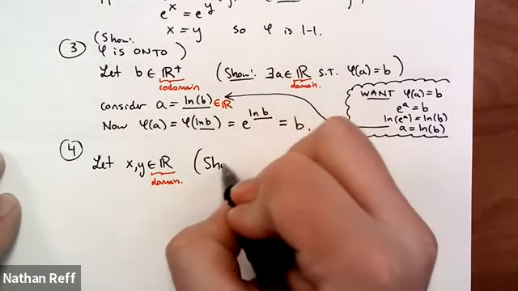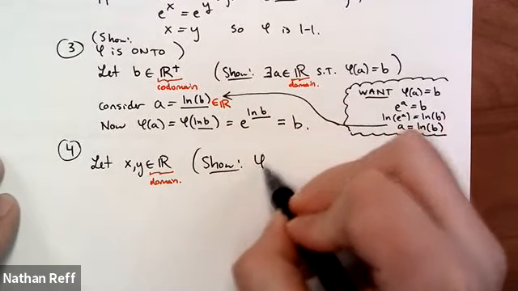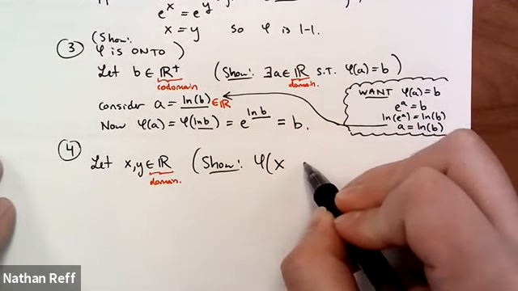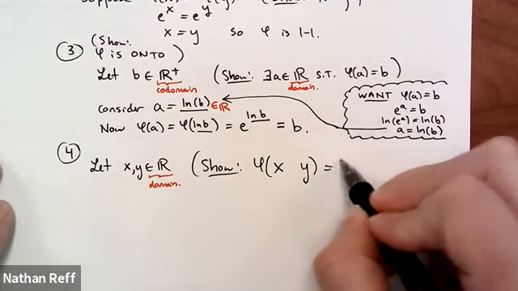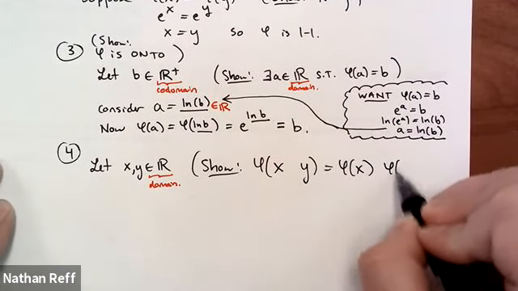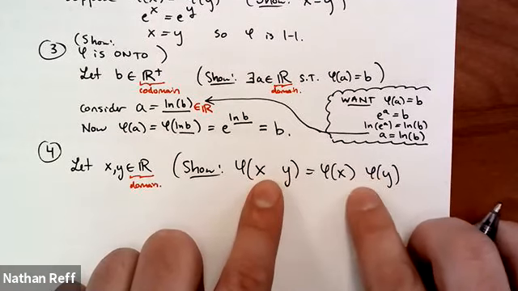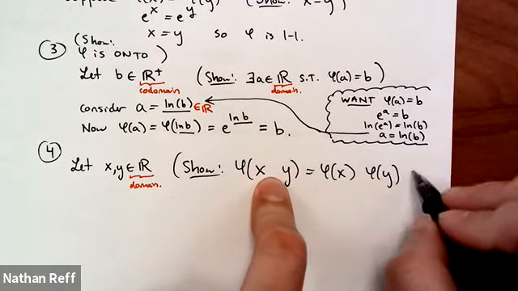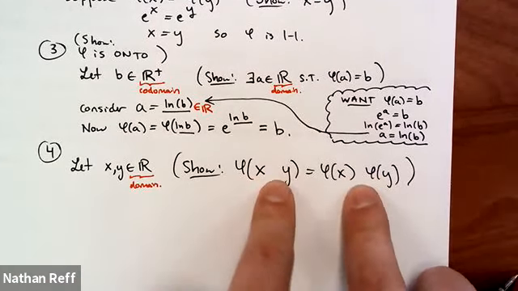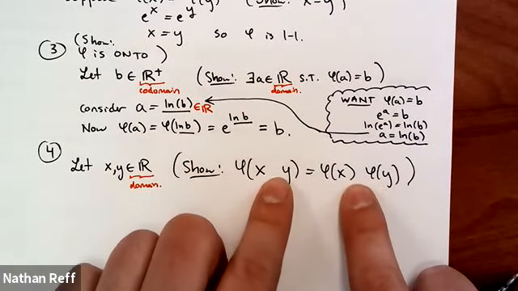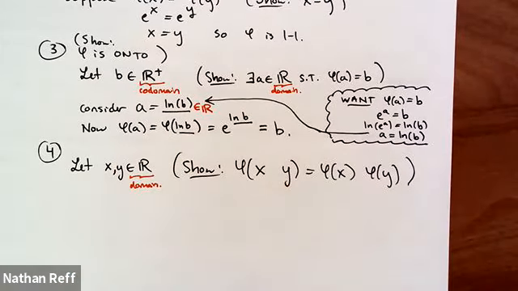And you are going to show phi of X, Y equals phi of X, phi of Y. Now notice I'm always going to leave some space here and fill those in with the correct operations. If you just write exactly what the definition says, you would write this. But in this problem, one of them is an addition, one of them is a multiplication, right?